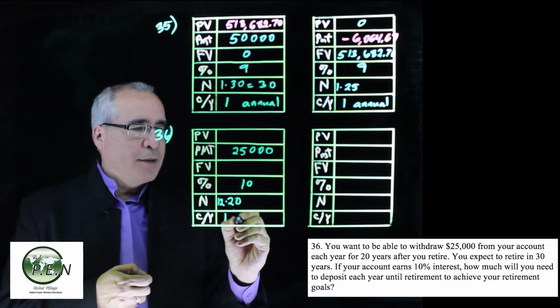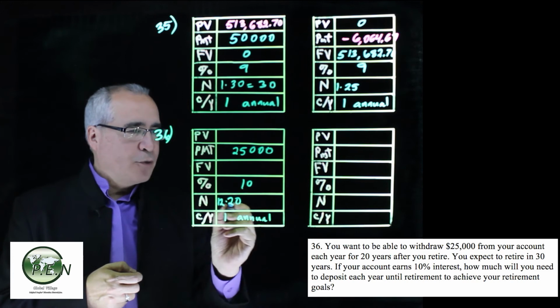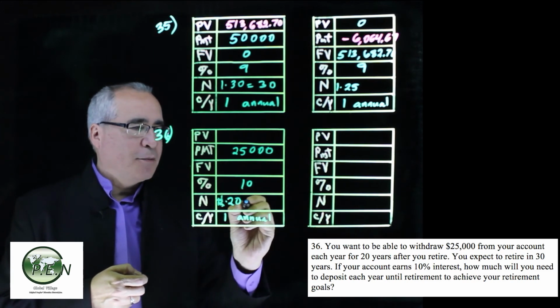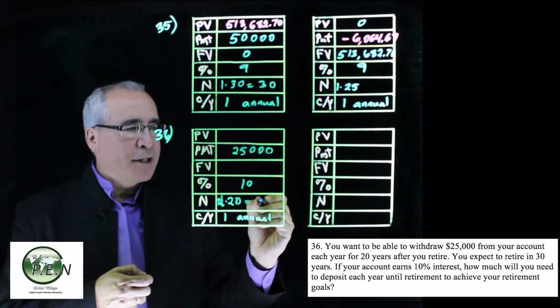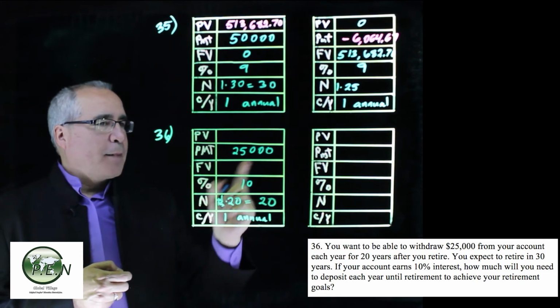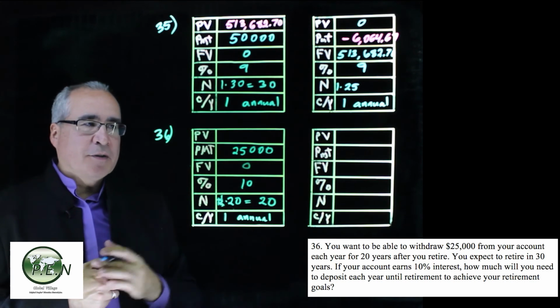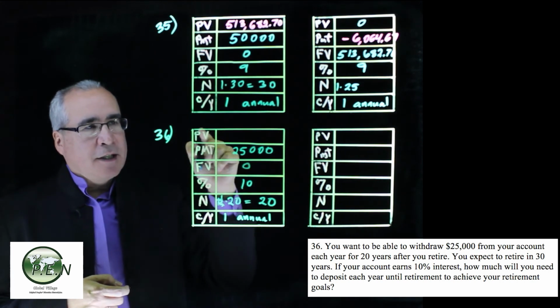So this is going to be one or annual. Okay, sorry, it's not 12 times 20, it's 1 times 20. That's a little easier to do in our heads, right? We're going to run this as if we just use up all our money, so our future value is 0. And so we click on the present value.